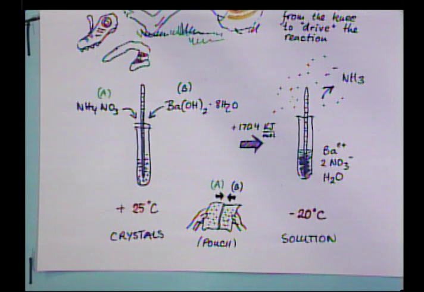And the resulting temperature is minus 20 degrees. So that's 45 degrees drop in temperature from room temperature to the final temperature. And you see the heat exchange was from the leg into the chemical reaction that was then driven to its completion.